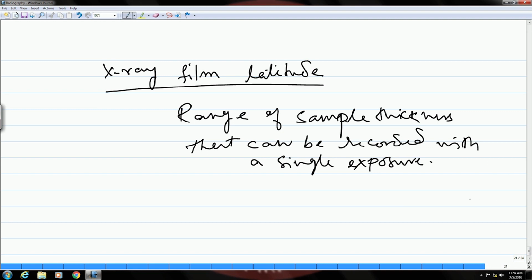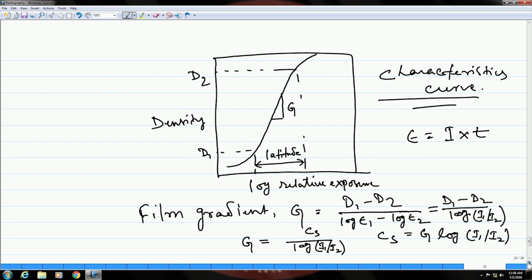Okay, and as you could see from this curve, this gradient and latitude are inversely related to each other. For high gradient, the latitude will be smaller, and similarly for smaller gradient, the latitude will be larger.